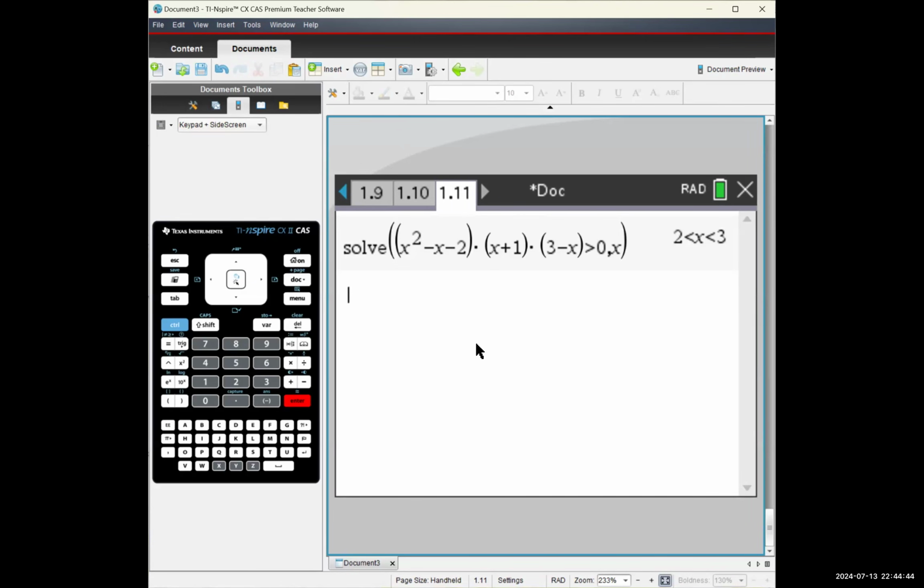Between 2 and 3. So option C is correct. All right. This is actually a multifaceted question. It requires you to use at least 4 skills. So let's have a look at the last one.